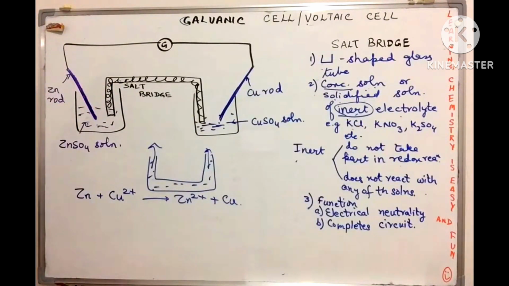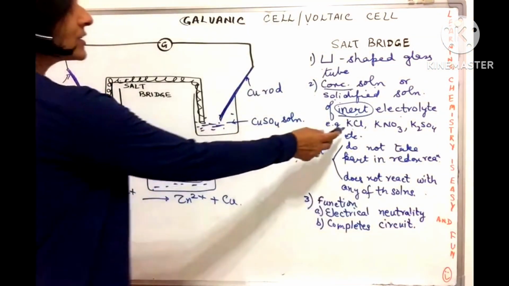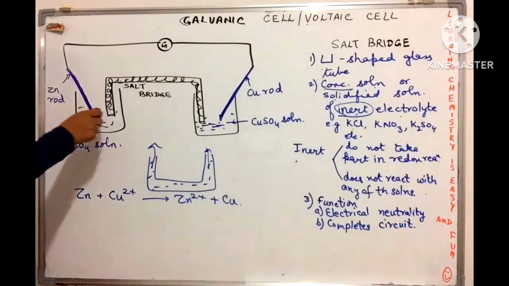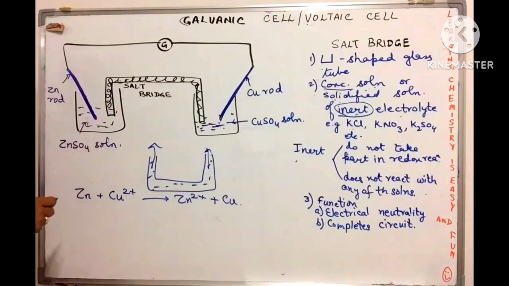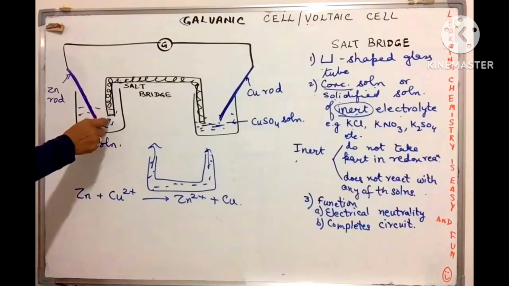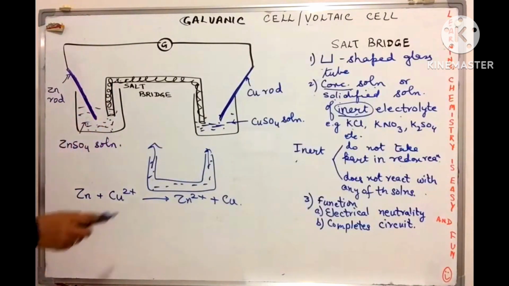Now, if you notice, we are taking salts of compounds which are highly soluble. So you do not get precipitation over here.